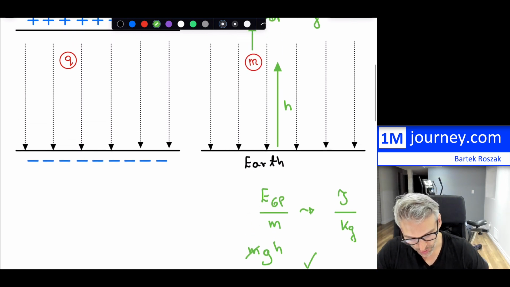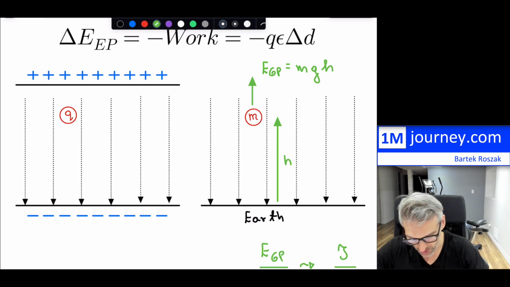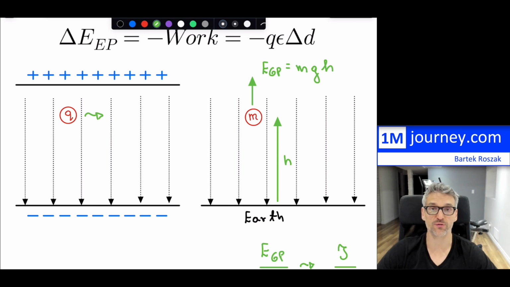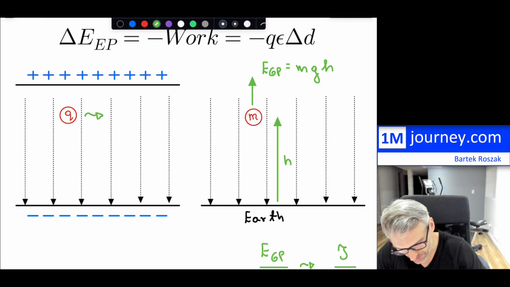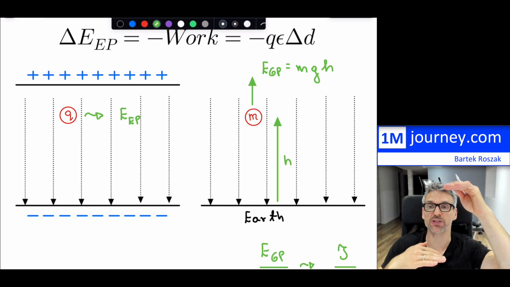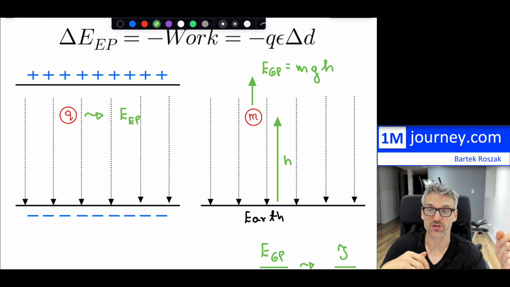If you now jump over on the side of charges, we can do exactly the same thing. So sure, we can say that, well, this particular charge right here, it may have a certain amount of potential energy that we would have, and that potential energy that it would have right here for that charge, if you were working this out, would have been the amount of energy, let's say this is the electric potential that it has, at that particular point with respect to the electric field, which is pointing downwards from the positive to the negative, and we're assuming that it's uniform.